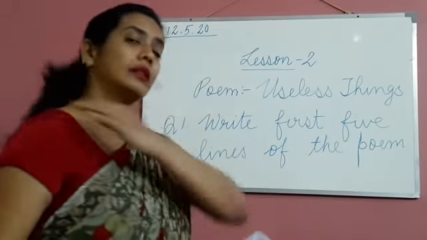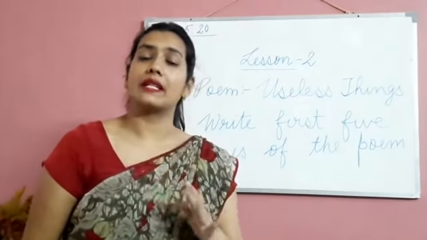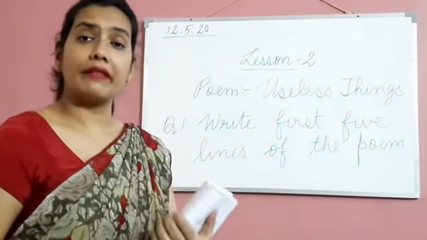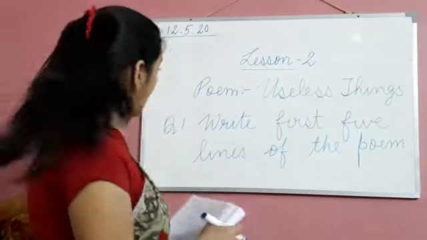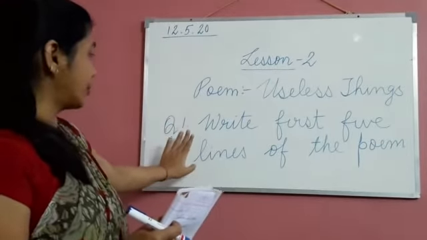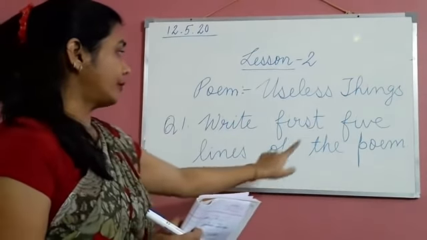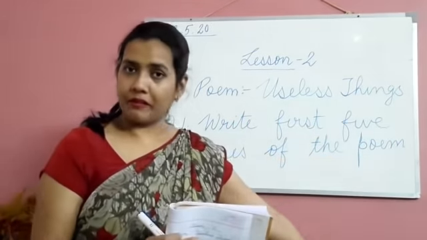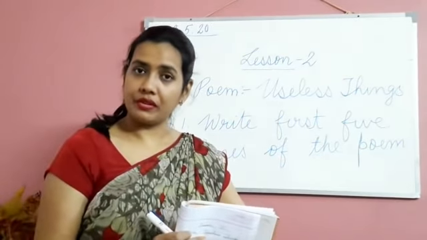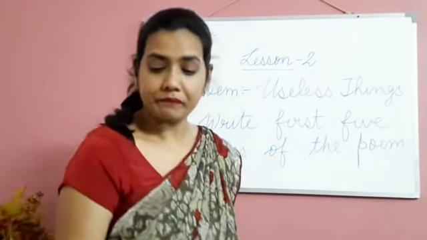Okay students, the first question of this lesson is: write first 5 lines of the poem. What is the first question of this lesson? Write first 5 lines of the poem. You have to write first 5 lines of the poem. Okay students?